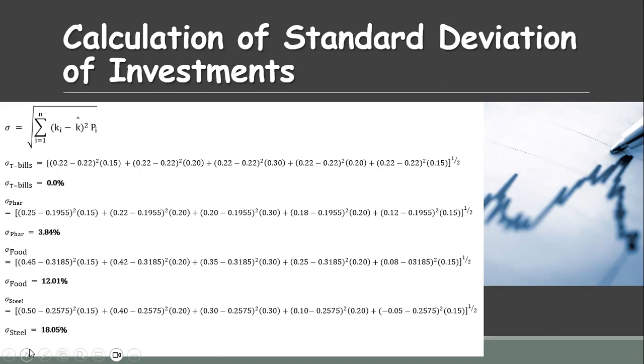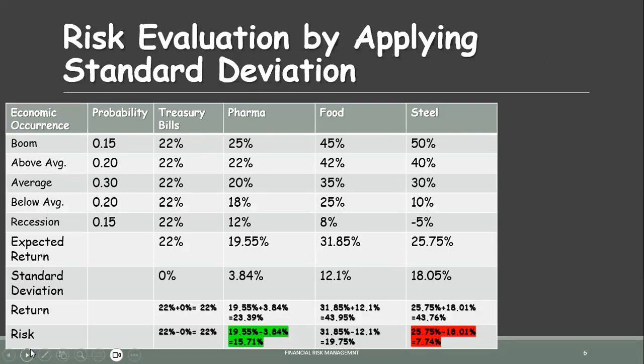In a similar way, you will calculate the standard deviation on the steel sector, that comes to 18.05%. You can take a screenshot of this particular slide and calculate all the figures related to the standard deviation yourself.